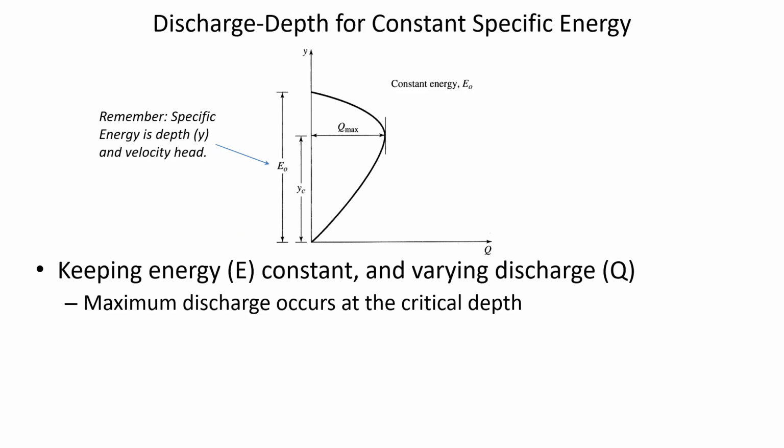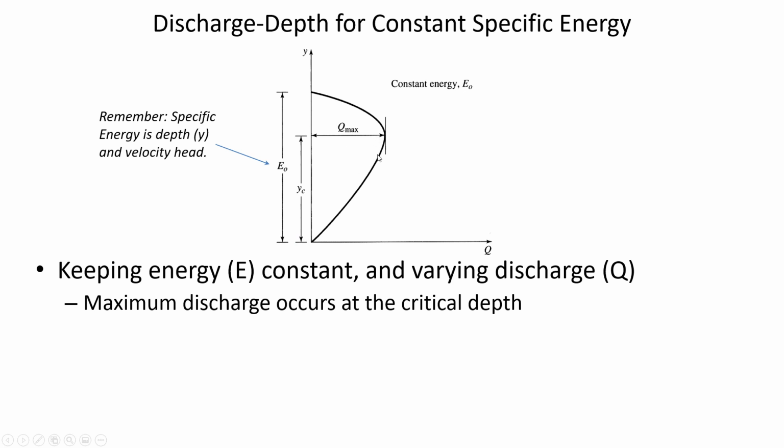One of the concepts that helps us to calculate the new depth downstream when there's an obstruction is the idea that regardless of what the flow depth is, so whether you have a shallow depth and a high velocity or a really deep depth and a low velocity, you have the same flow rate.